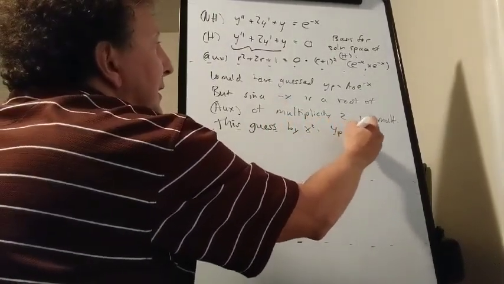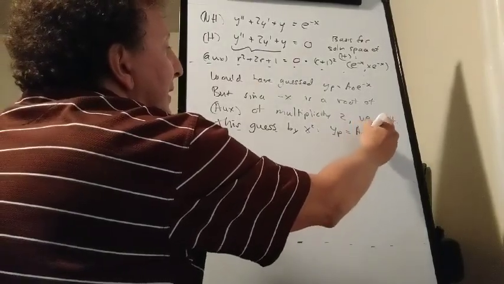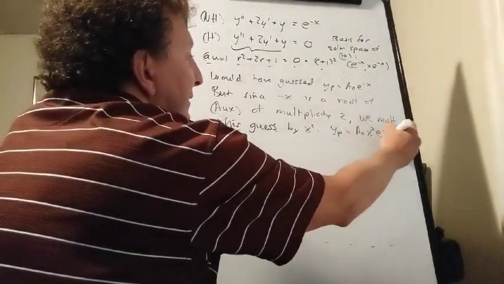So yp equals a naught x squared e to the negative x.